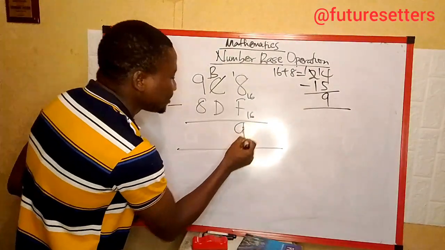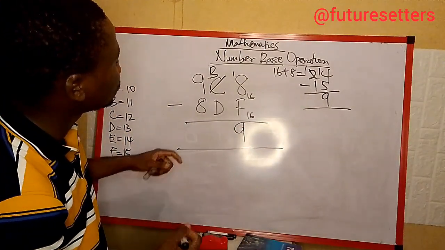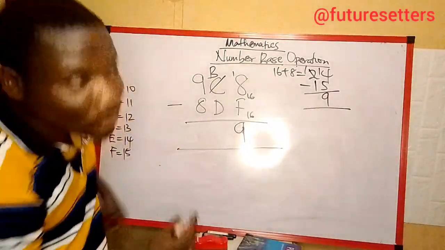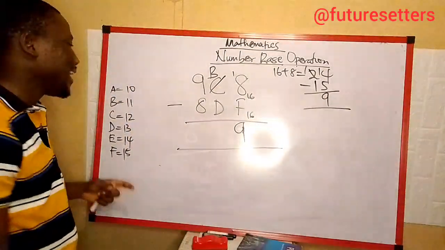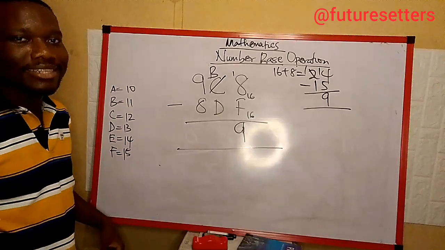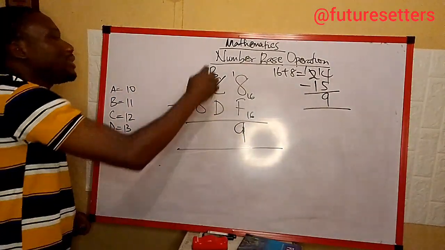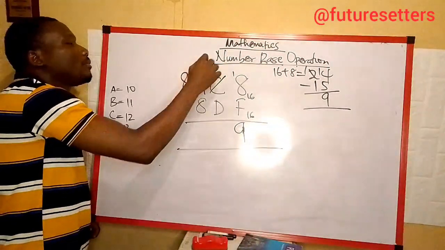Then the last part, we are going to ask ourselves this question. Can B be subtracted from D? No, because B is 11 and D is 13. Can 13 be subtracted from 11? No, you will borrow 1. So you come here and borrow 1. 9 will become 8.